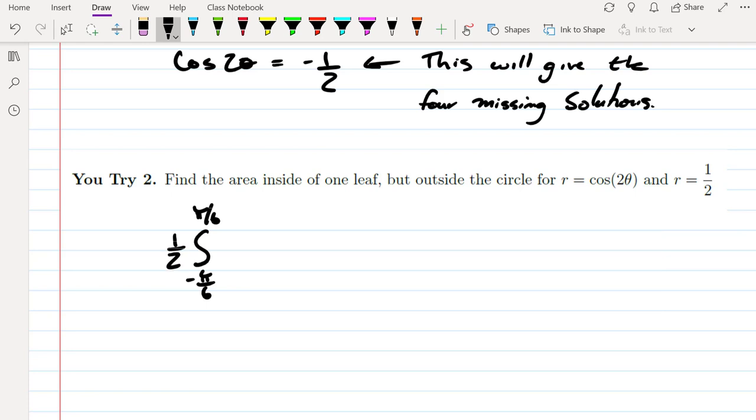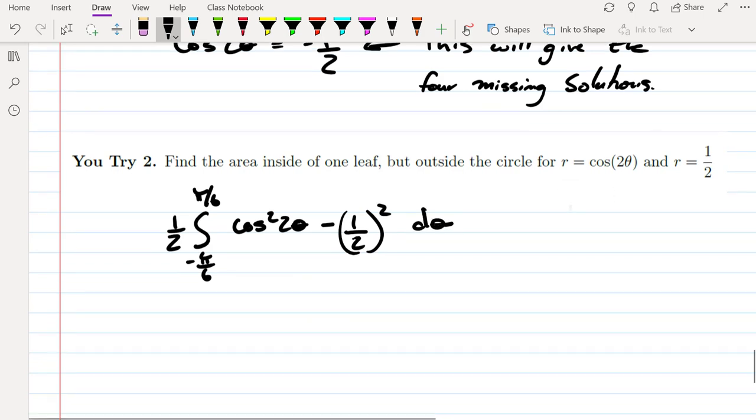Our outer curve is cosine squared 2 theta, minus 1/2 our inner curve squared, which is 1/2 squared, or 1/4, d theta.